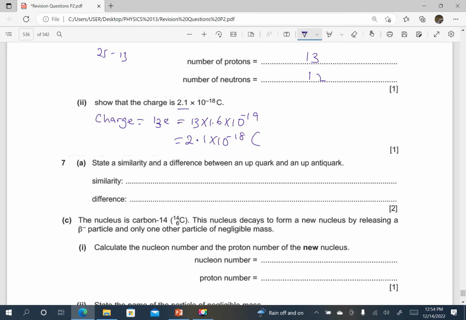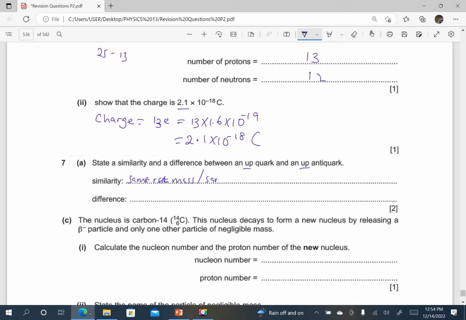State a similarity and a difference between a quark and an antiquark. It is almost the same question as the one we have just seen above. So similarity: they have the same rest mass. That's 1, 2.